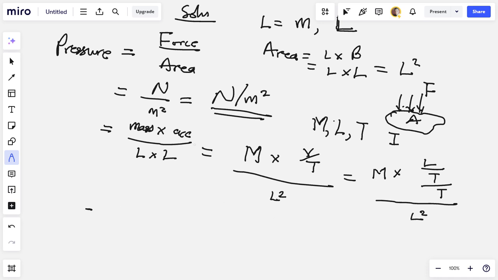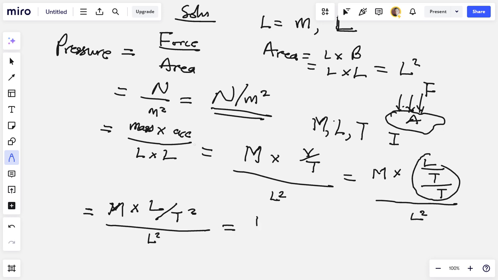Hope I'm not getting anyone confused or making it cumbersome. So this will now be mass times, if you process this, you will have length divided by time squared, then divided by L squared, which is the same thing as M times length divided by L squared times t squared.